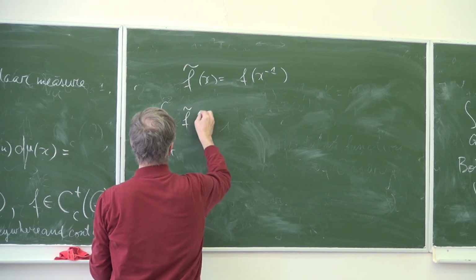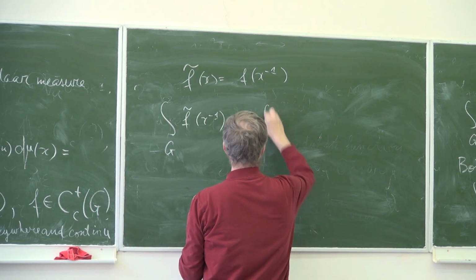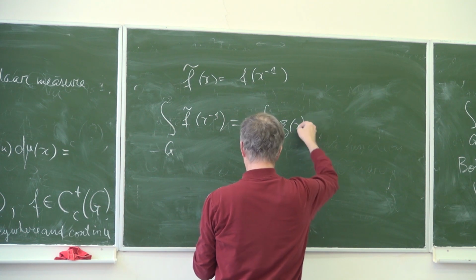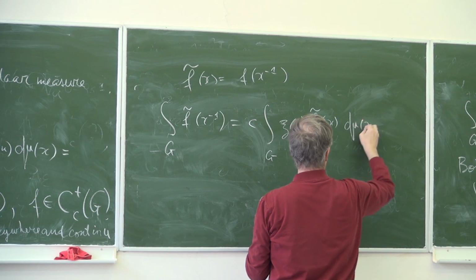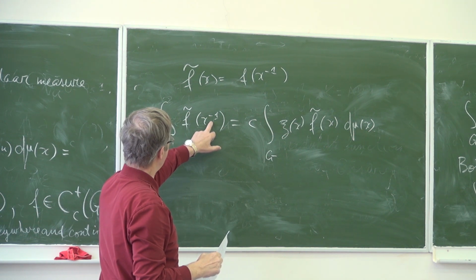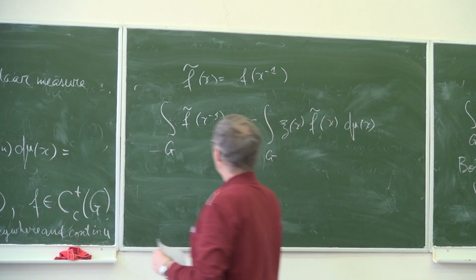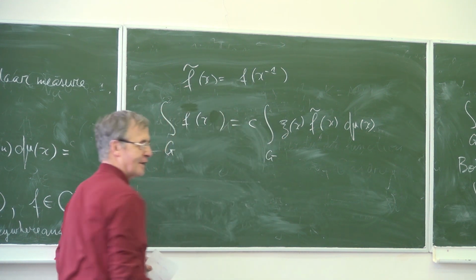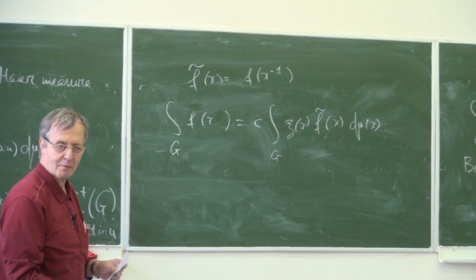The integral of f tilde of x to the power minus 1 is equal to c, the integral over G of xi of x, f tilde of x, d mu of x. And now here we have f tilde of x to the power minus 1. So let me use some technical steps to write this in this way. Okay, f tilde of x to the power minus 1 is the same as f of x.